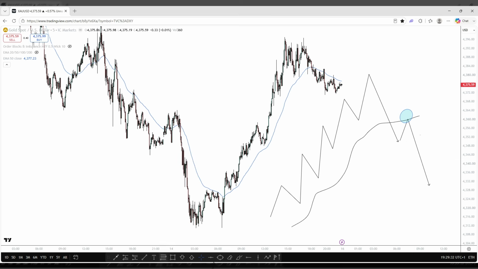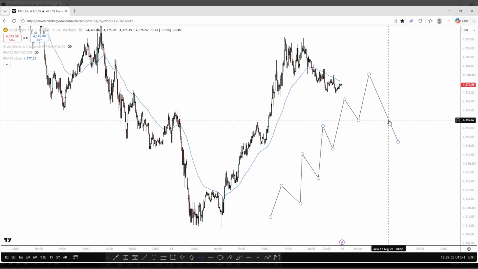A perfect scenario is the one I've outlined here, where you have a change of structure. Here you have higher high, higher low, etc. Here, price made a higher high but didn't manage to create a new higher low. It then made a lower low.